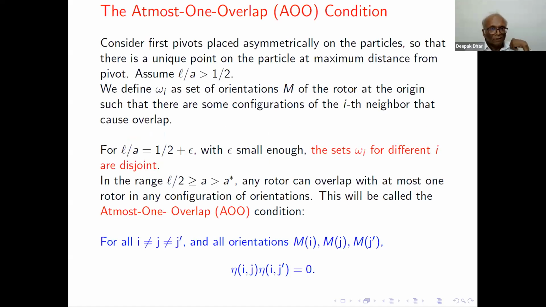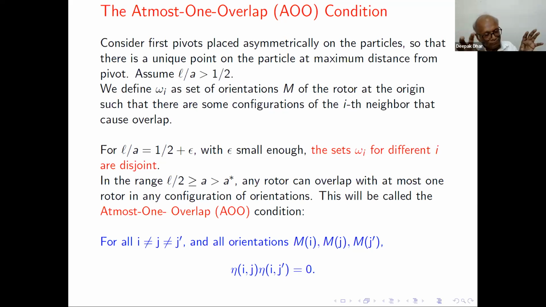Okay. So now the at most one overlap condition. Consider first pivots placed asymmetrically on particles so that there is a unique point at maximum distance, like the first picture I showed. Now suppose you decrease the distance between particles slowly. Then when the distance is just right, they can slightly overlap.